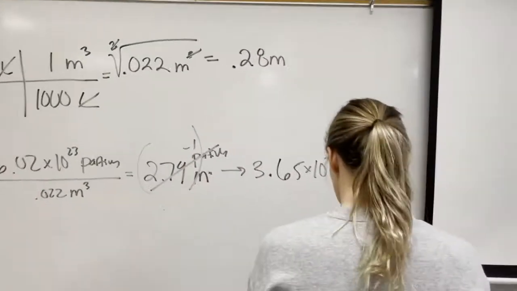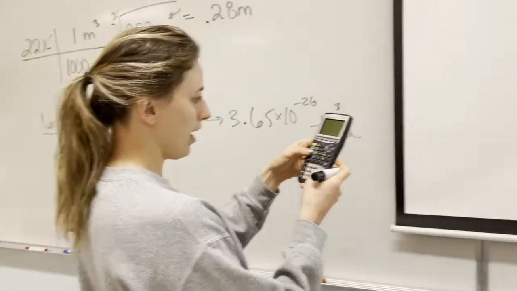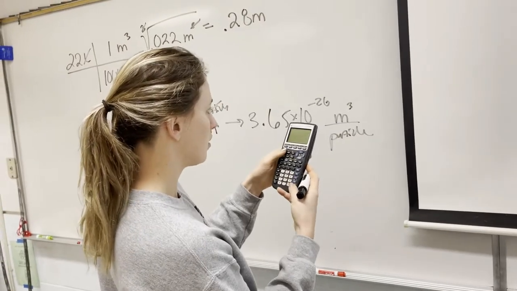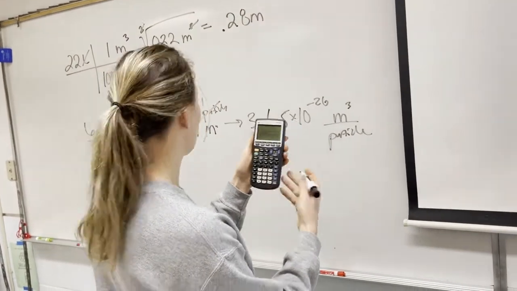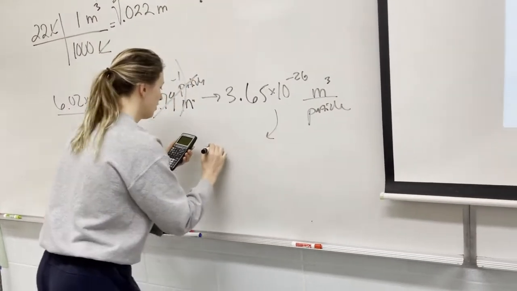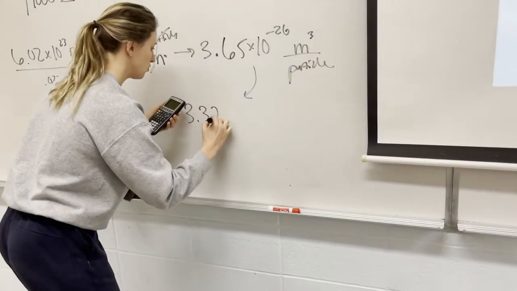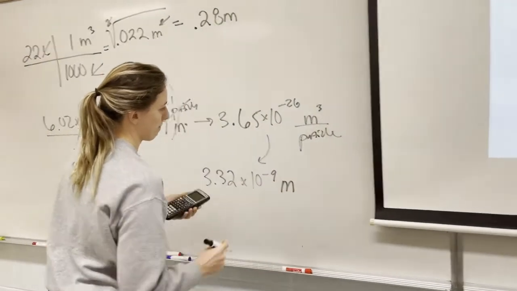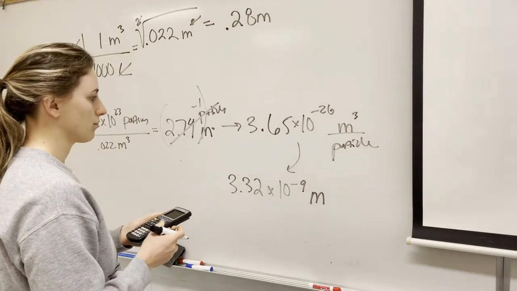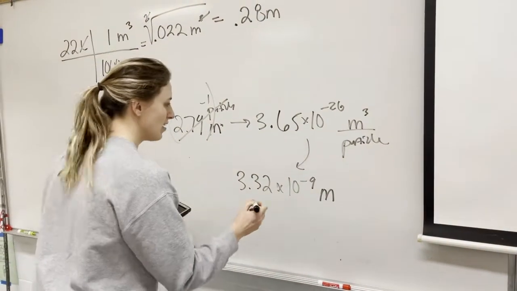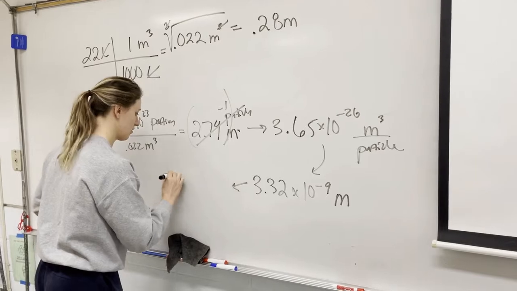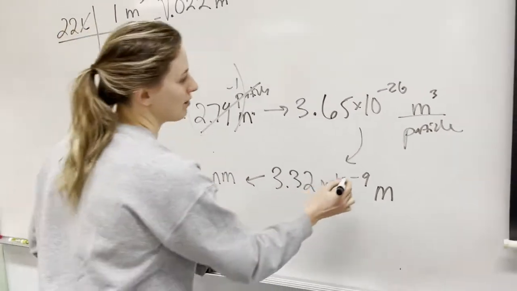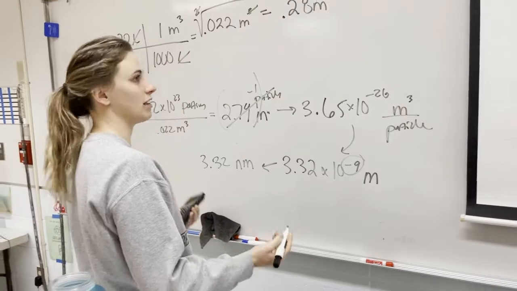So I'm taking the cube root of my answer, and I get 3.32 times 10 to the -9th meters. That's a nanometer. That's 3.32 nanometers. Whenever you have to the -9th meters, it's just a nanometer.